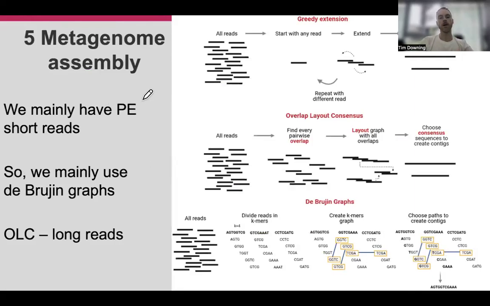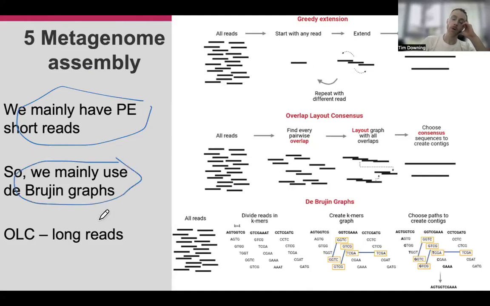So typically we'll have short paired reads that we're looking at, so we can mainly use de Bruijn graphs for our assembly. If we're looking at long reads, we'd use the overlap layout consensus approach, which is shown here.